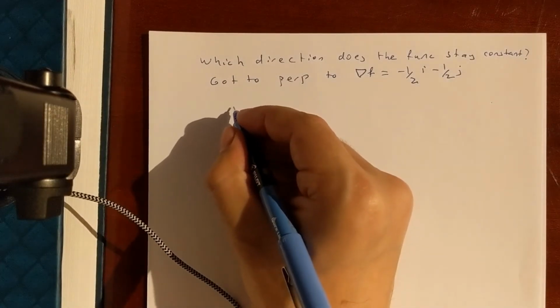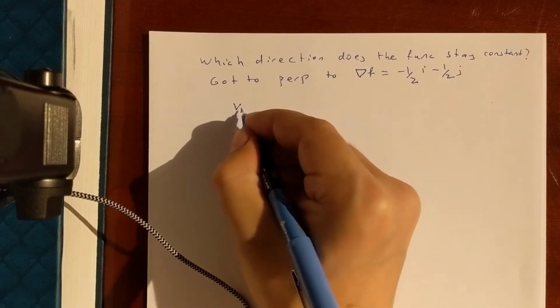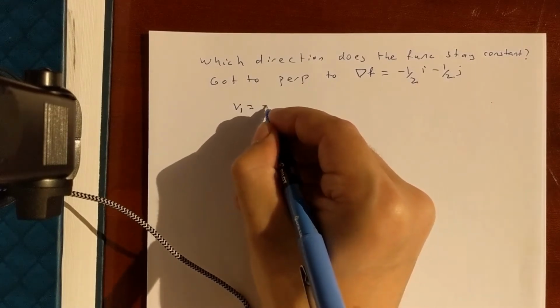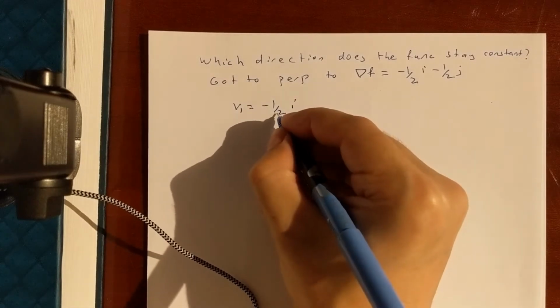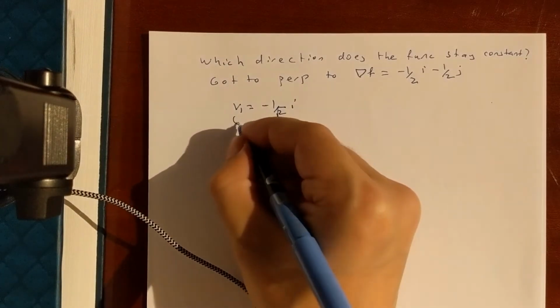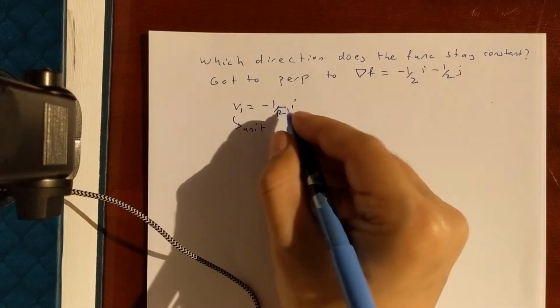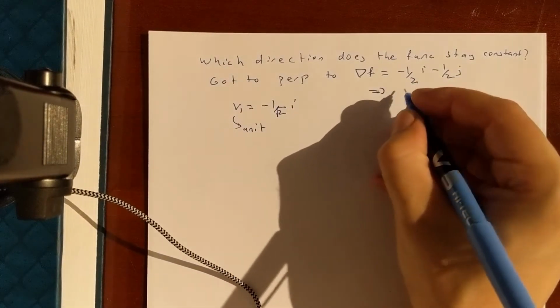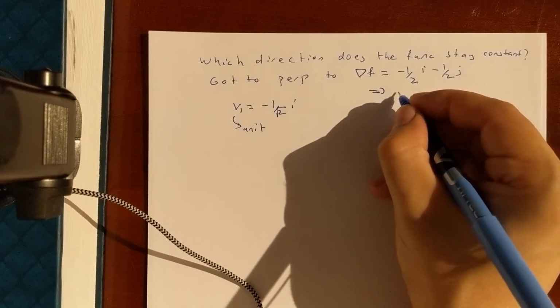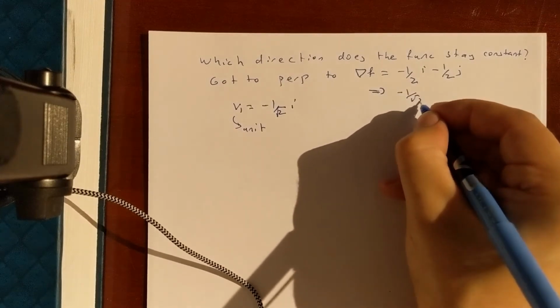So there's going to be two of them. Let's say v1 and v2. But we want it to be a unit vector, so let's change this into a unit vector.